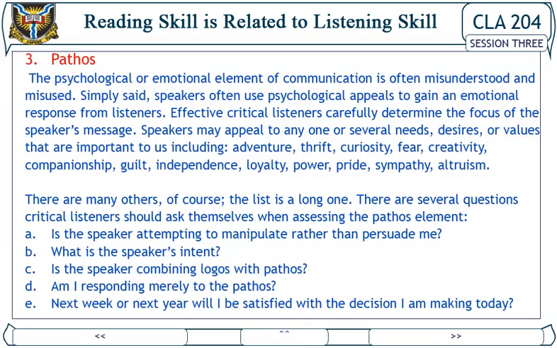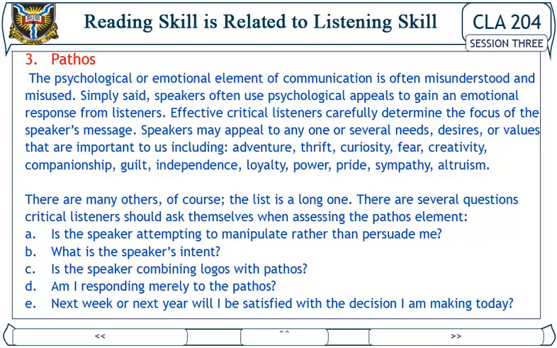3. Pathos. The psychological or emotional element of communication is often misunderstood and misused. Simply said, speakers often use psychological appeals to gain an emotional response from listeners. Effective critical listeners carefully determine the focus of the speaker's message.